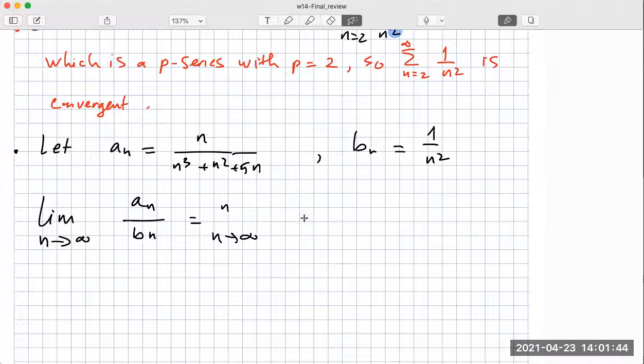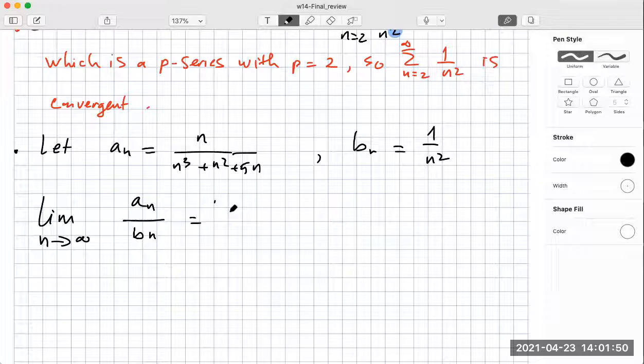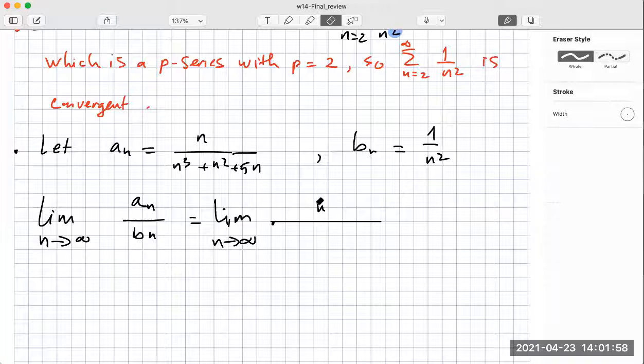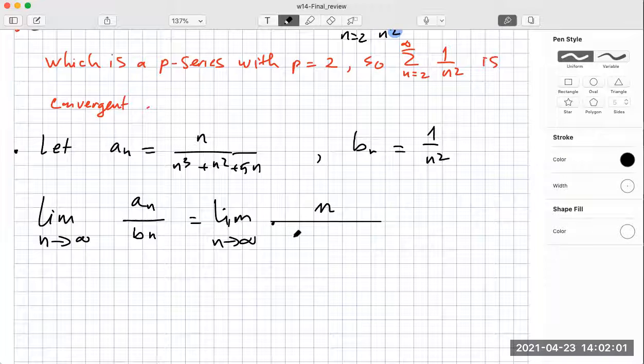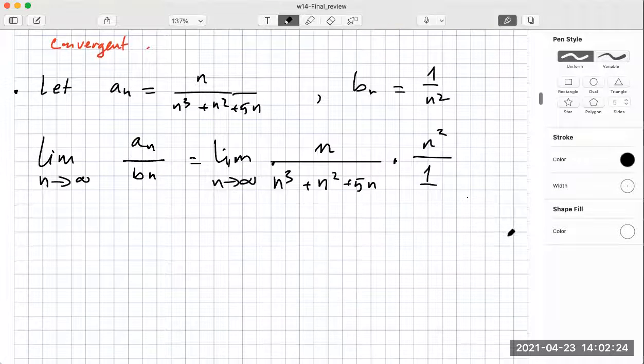Sorry, it's lazy and takes more time, so let's just write it. Since we have done this many times, we can skip some basic steps. Now we know that a_n is this, and we divide it by b_n, which means we multiply by the reciprocal of this.